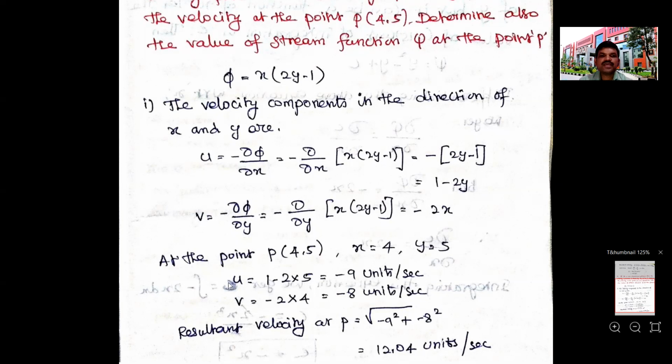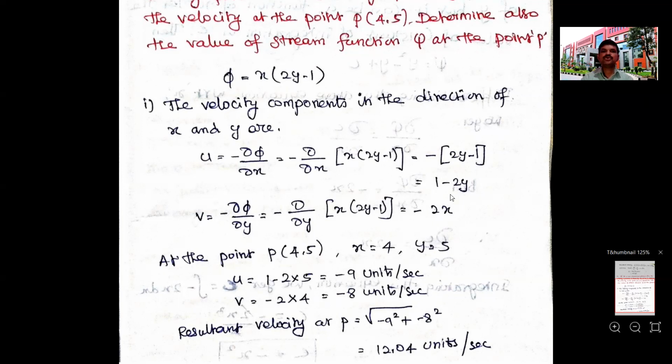Next, v is equal to minus 2 into x, where x is equal to 4, which is equal to minus 8 units per second. So this is the u term and v term. If the coordinates are given, directly substitute. The coordinate indicates that they are asking for the velocity component at that point only, so we have to adopt those coordinates.